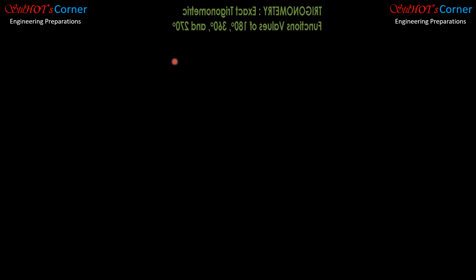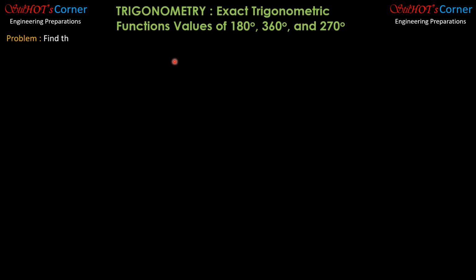And on the second part, I want to test your skills in determining the exact trigonometric functions of other common angles and quadrantal angles. So first we have this problem. Find the values of the 6 ratios for the angle 180 degrees and 360 degrees, and later for 270 degrees.